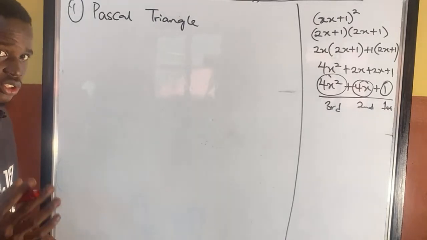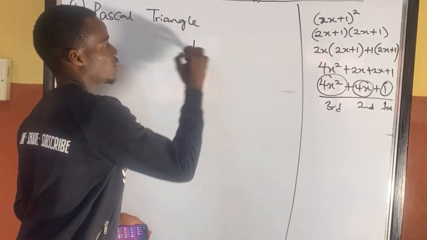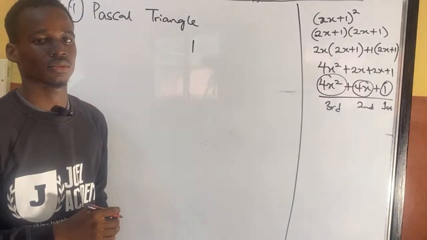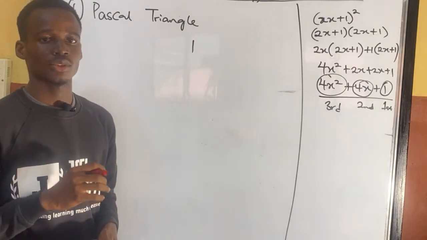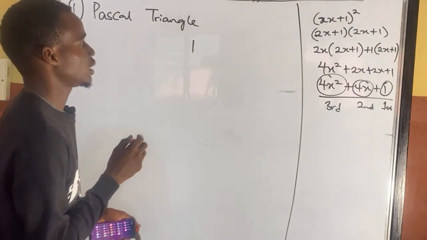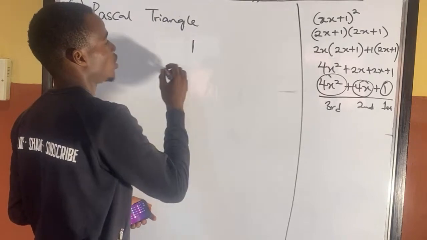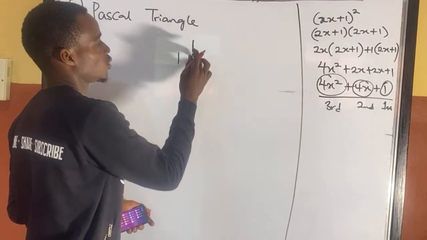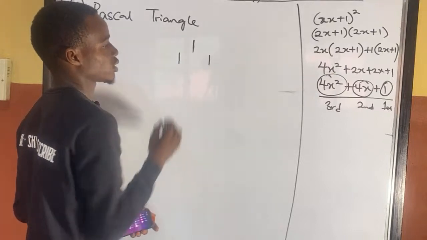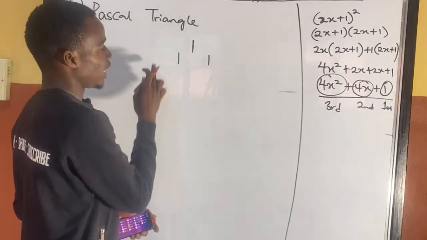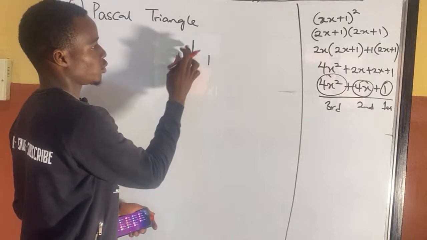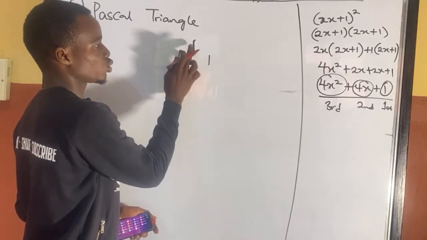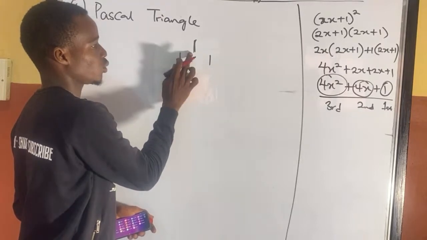So now, this is the basis of the Pascal triangle. It starts with a 1. And then we add a 0 to 1, it gives us what? A 1. We add a 1 to 0, it gives us a 1. Now, it starts with a 1, add a 0 to a 1, it gives us 1.